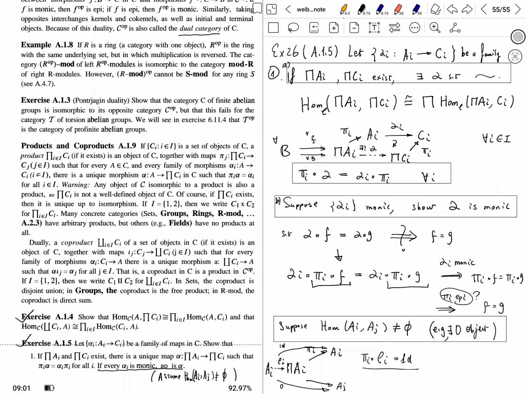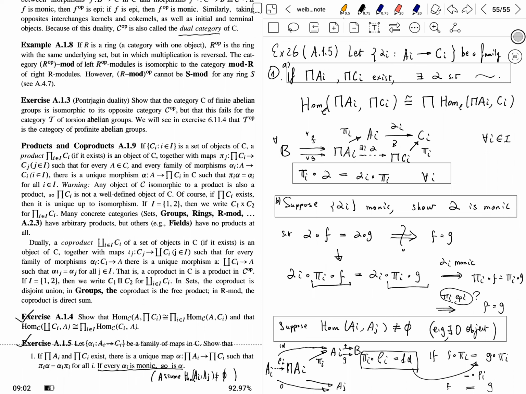If you have this, I can show pi_i is an epimorphism. How do you show that? Again, what you have to show is that you can cancel it from the right-hand side. Suppose f composed with pi_i equals j composed with pi_i. Then apply composition with rho_i, and you get exactly f equals j.